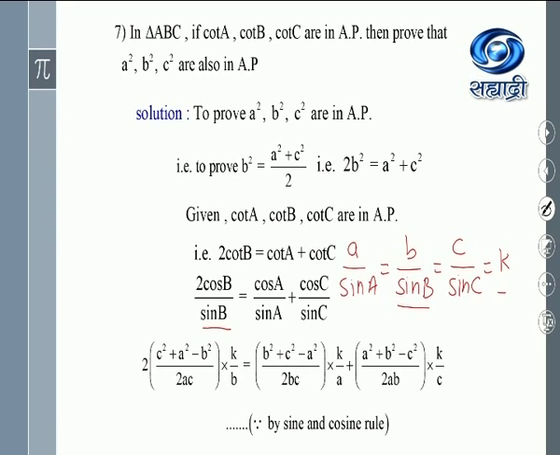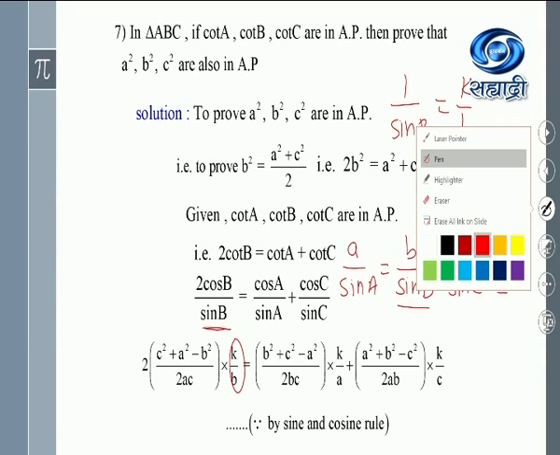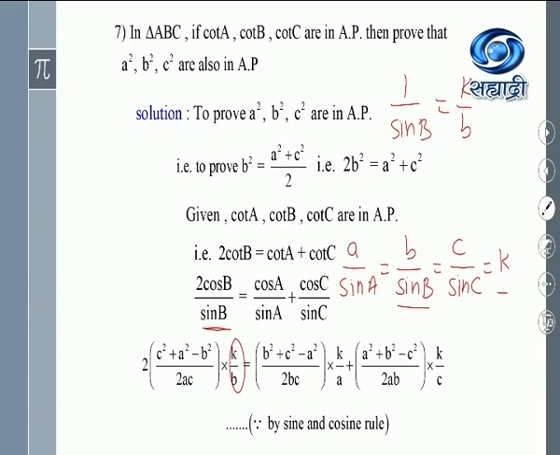B upon sin B is equal to K. So we have 1 upon sin B is equal to K upon B. So thus this 1 upon sin B we replace by K upon B. Similarly, we have the second term sin A. Look at A upon sin A is equal to K. So 1 upon sin A is equal to K upon A. So this 1 upon sin A we replace by K upon A.